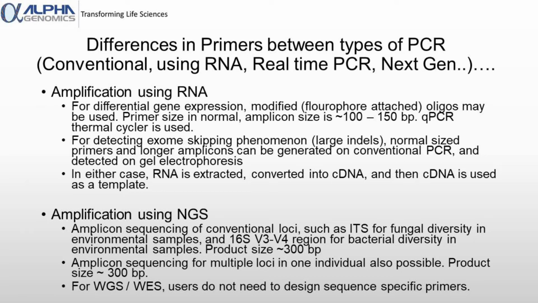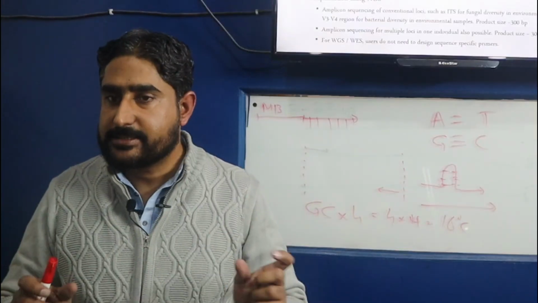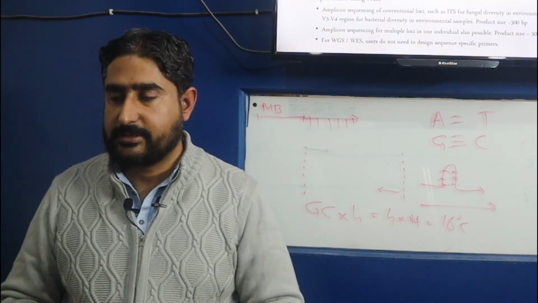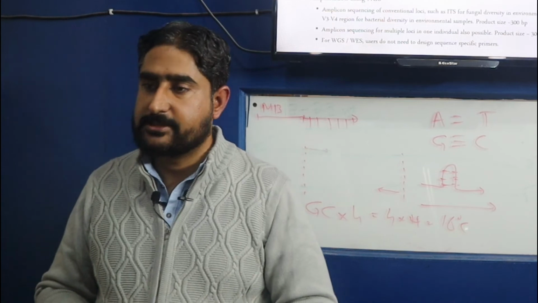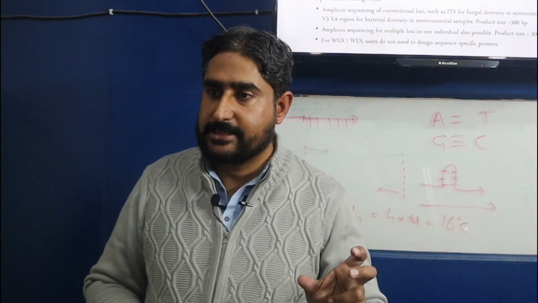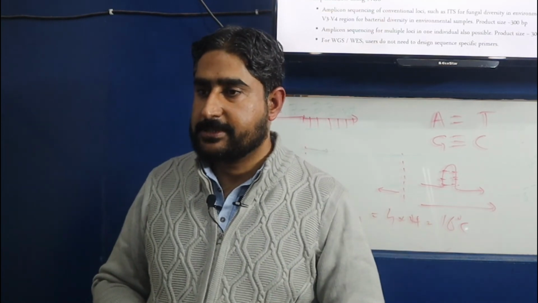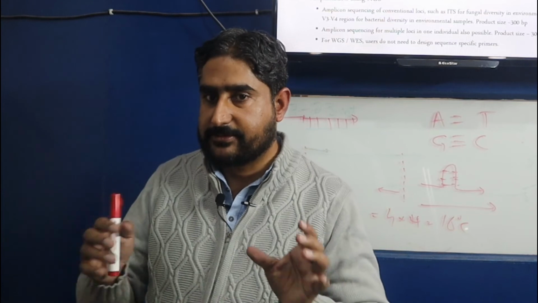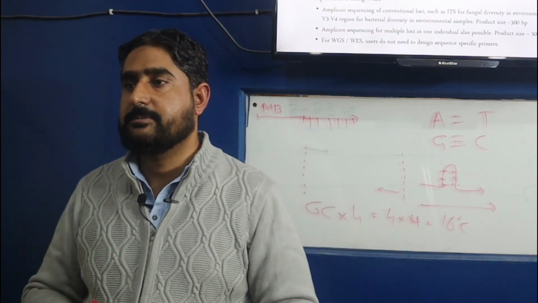And in most cases for amplicon sequencing, we need to add some tags or barcodes at the ends of those primers. For adding tags or barcodes, as we have different projects which are already going on, we have attached M13 tags towards the 5' end of these primers. So the length of the primer will be longer because of the attachment of the M13 tail, which is about 18 bases long.